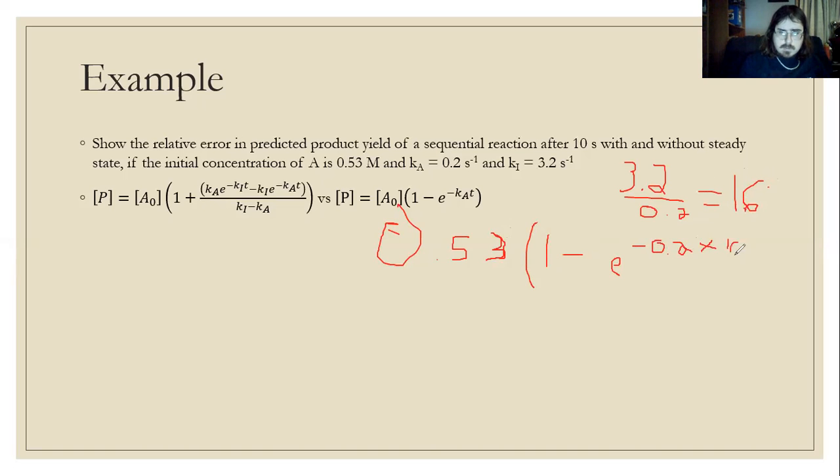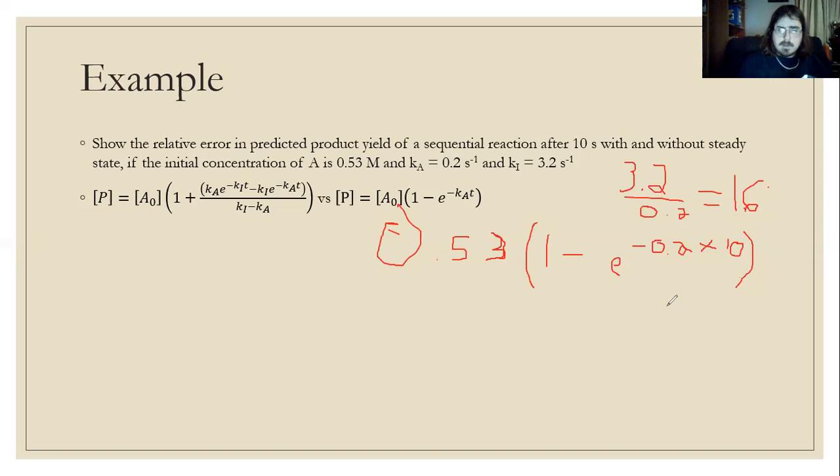So E to the negative 2 is 0.135. So 1 minus 0.135335283, I'm not rounding right now, times the 0.53 concentration.